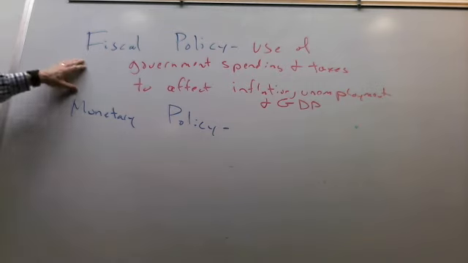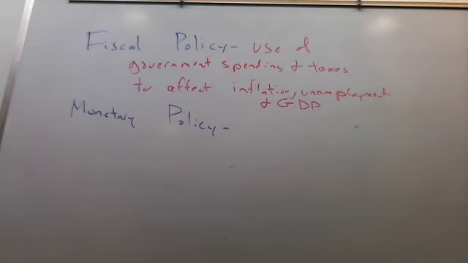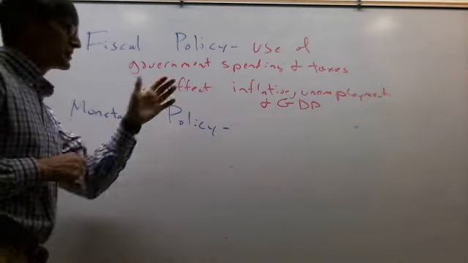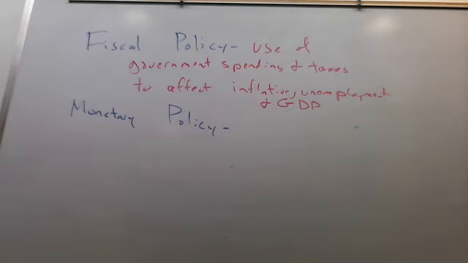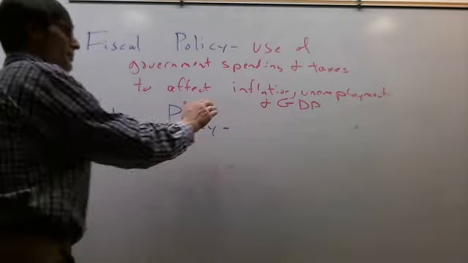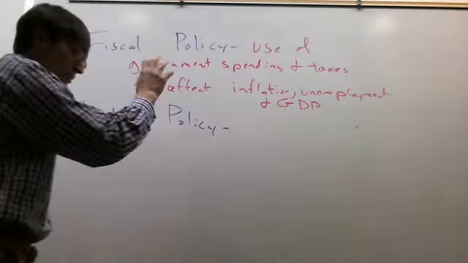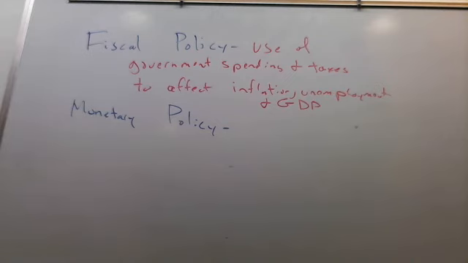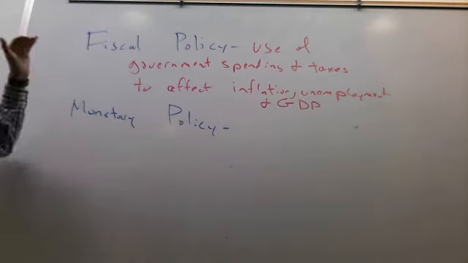So whenever you're talking about a tax cut or a tax increase or a government spending increase directed towards doing something about inflation, unemployment, and GDP, and we can talk about the different kinds of these policies that we have, then that's going to be fiscal policy.